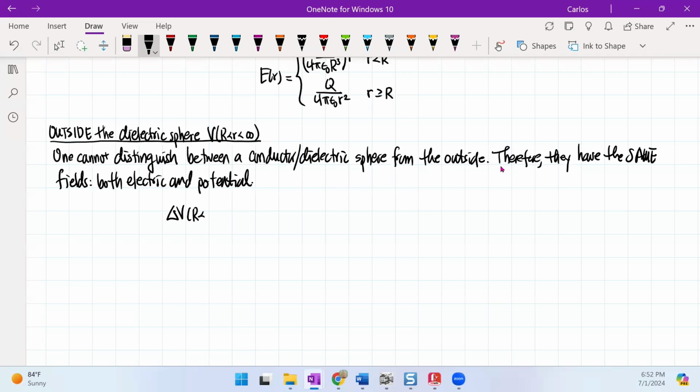So between big R, little r, and infinity, this is going to be V of r for little r greater than big R, minus V at infinity.